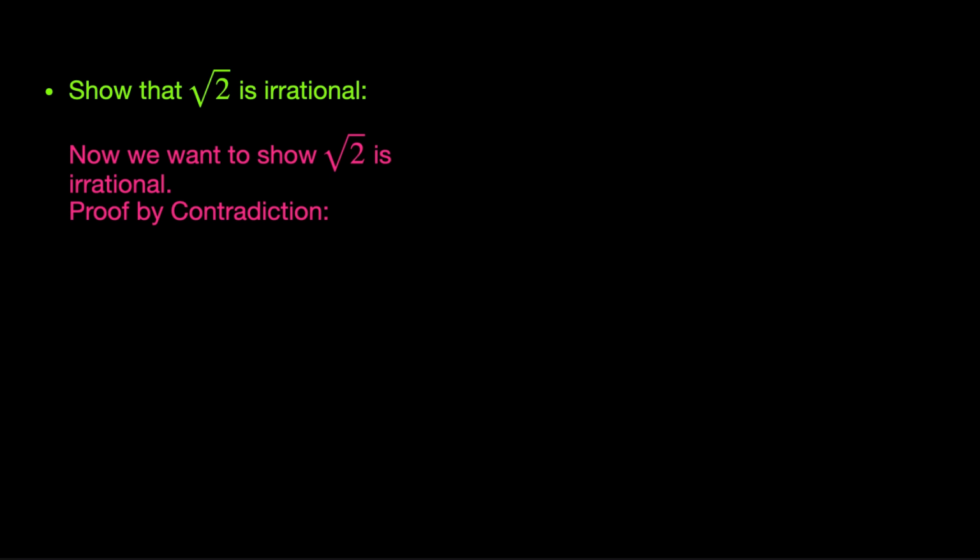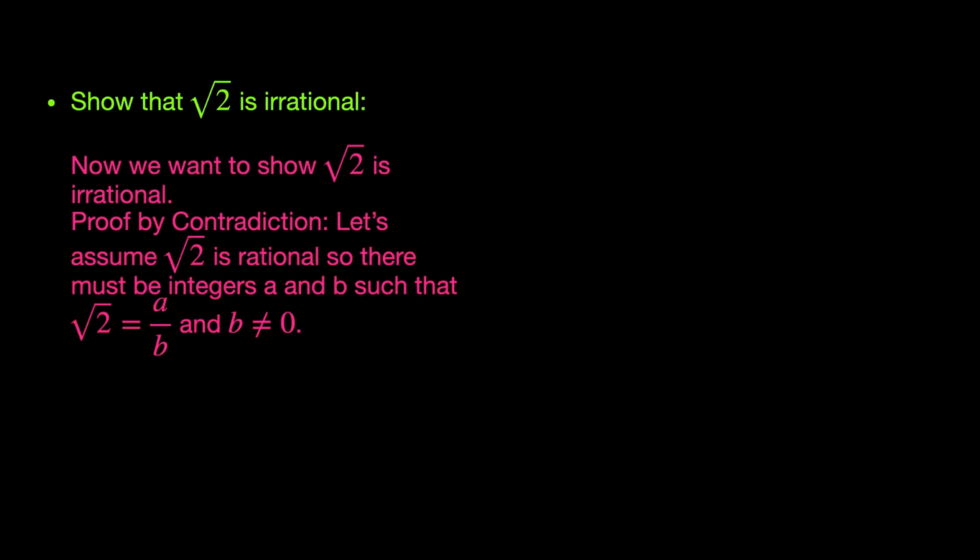So we assume that the square root of 2 is not irrational and so is rational. If the square root of 2 is rational, then there must exist two numbers like a and b which are integers and b is not 0, and the square root of 2 is equal to a over b. We want to add another restriction to this definition.